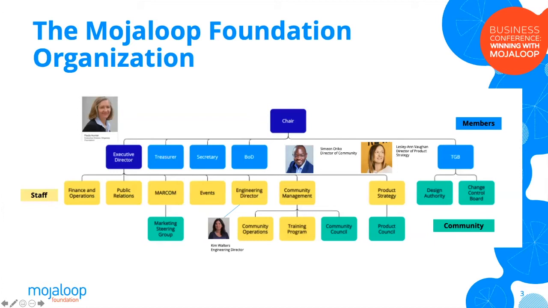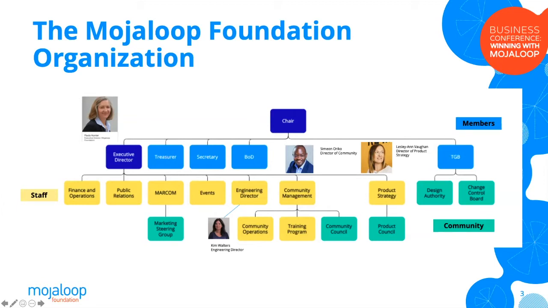So the way that we are organized as an organization is that we have a board of directors. The board of directors is seated through membership in the organization. In addition to the directors, we have a treasurer and a secretary.